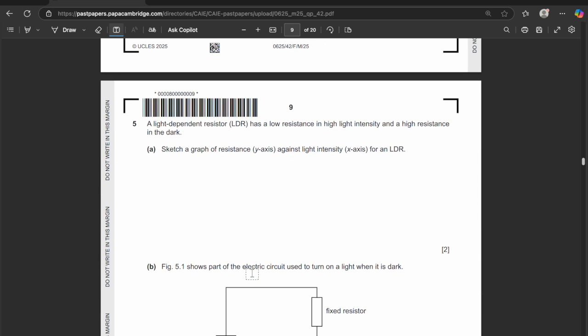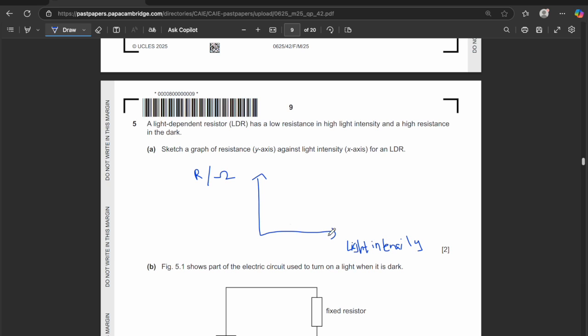A light dependent resistor, LDR, has a low resistance in high light intensity and a high resistance in the dark. That gives the information that you should already know. Sketch a graph of resistance on the y-axis against light intensity on the x-axis for an LDR. So y-axis resistance in ohms, and light intensity, units is cd, right? But it's not required.